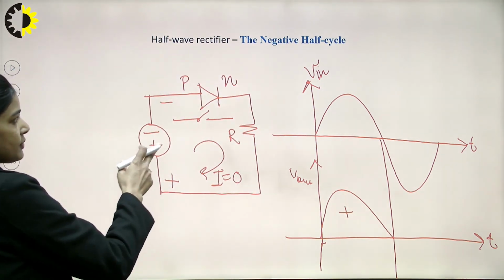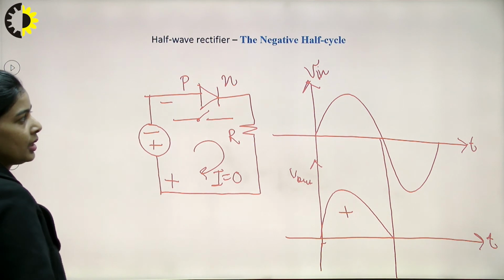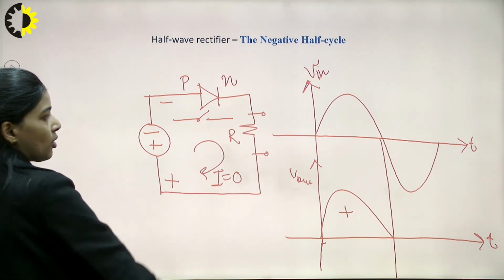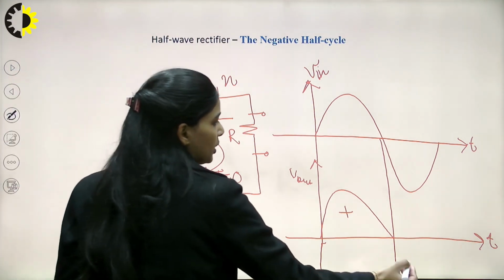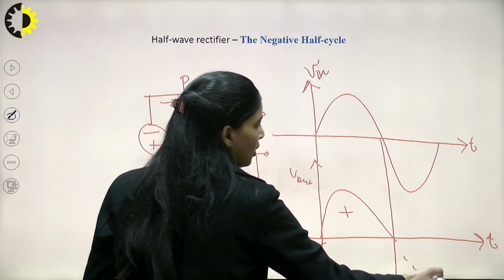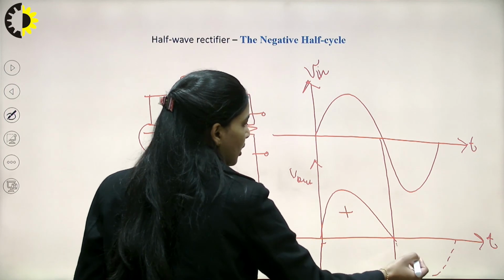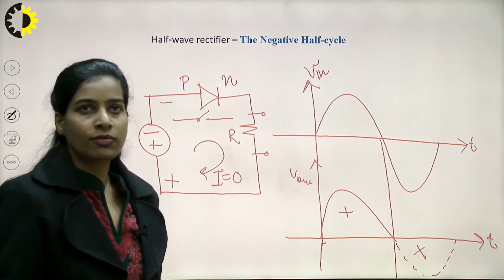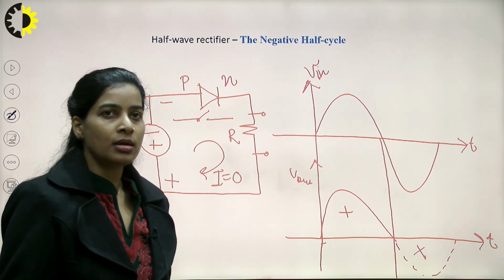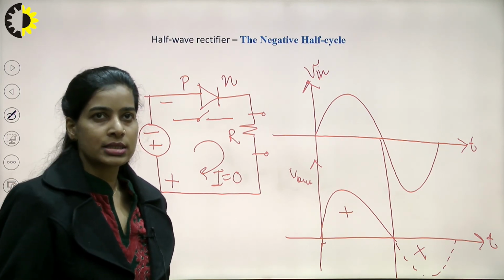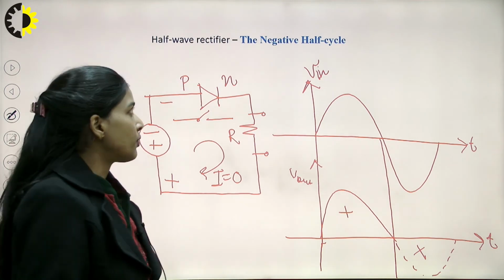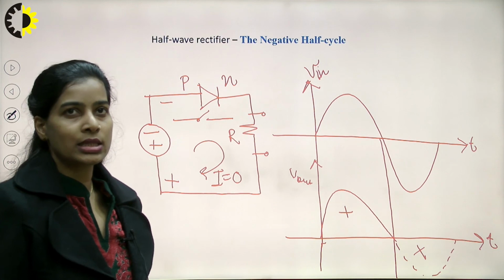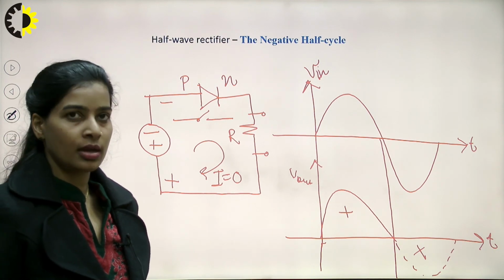Now, for the negative cycle, it is open circuited, so there will be no current and no voltage will appear across the load. So, in the negative cycle we will not get any output. In that way, this half wave rectifier rectifies half of the cycle. So, from this I will continue in the next lecture with more details of the half wave rectifier. Thank you.